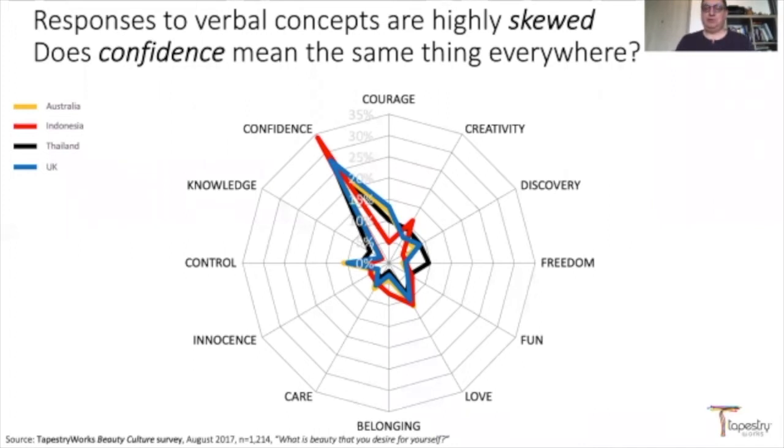Beauty is purely about confidence, maybe a little bit also about courage and power and strength, but that's more a Western cultural thing than an Asian thing. But pretty much confidence is drowning out any other differences that we see. And the rest of this really is pretty much noise.